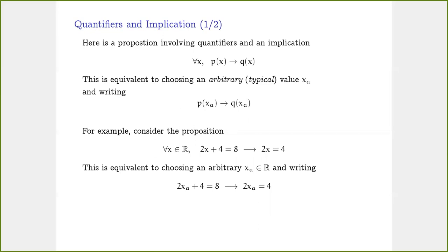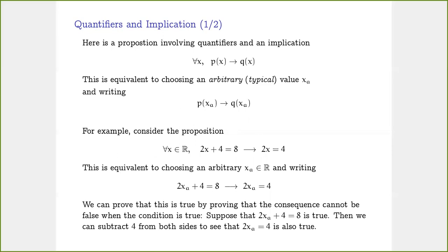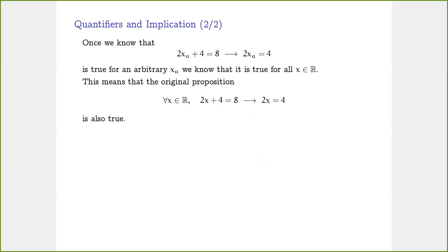Since we're dealing with concrete values here, we can prove that this is true by proving that the consequence cannot be false when the condition is true. Suppose that 2 x sub a plus 4 equals 8 is true. Then we can subtract 4 from both sides to see that 2 x sub a equals 4 is also true.